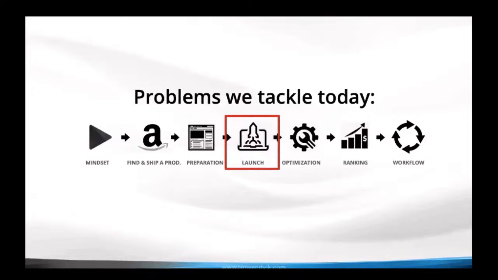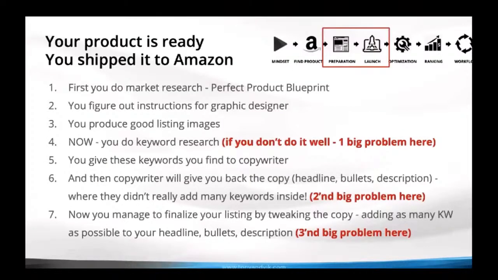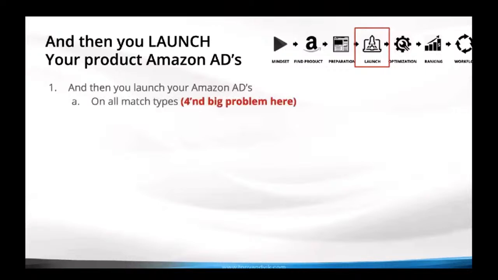Now you launch your product. Let's say your listing is complete. The problem here is that usually, and I'm not saying you, but a lot of people, including me in the past, launch Amazon ads on all match types.